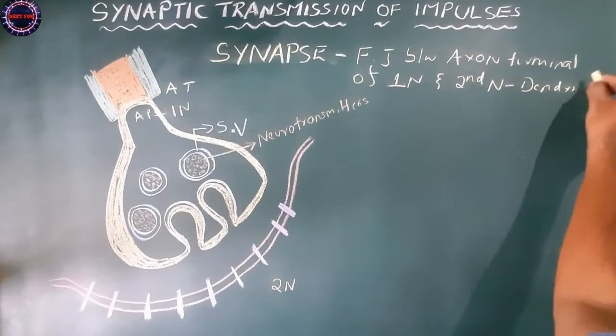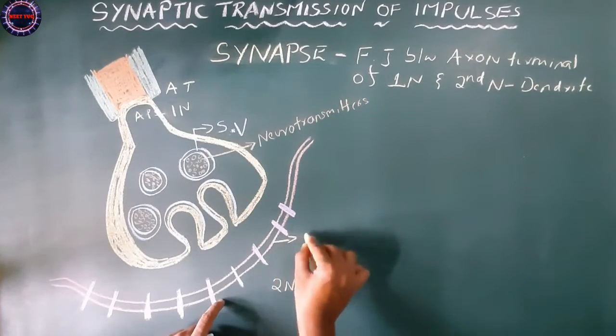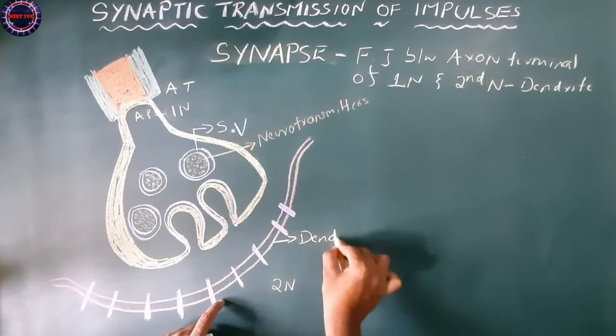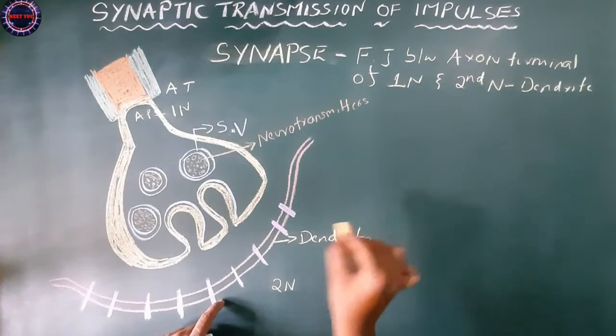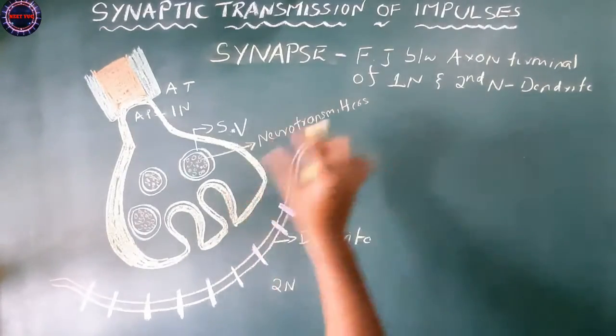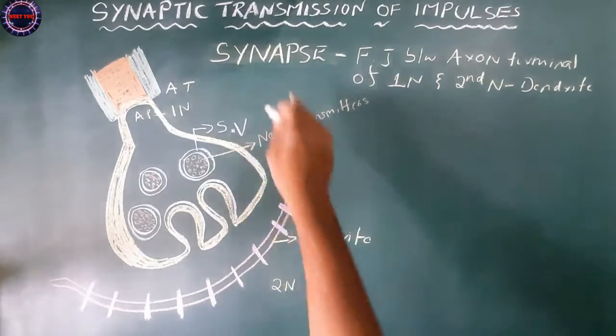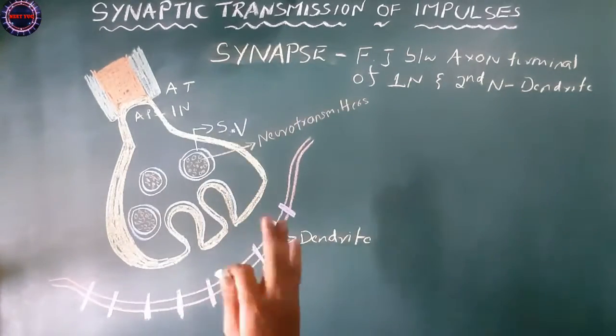So this is the second neuron's dendrite. Let me just label it. This is the dendrite of the second neuron, and this is the axon terminal or synaptic knob of the first neuron. Now let us label it. A synapse mainly contains 3 important parts.